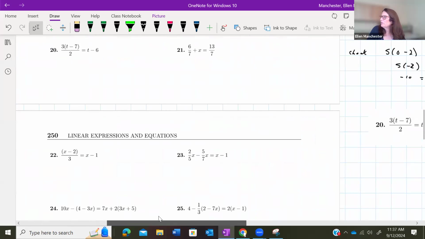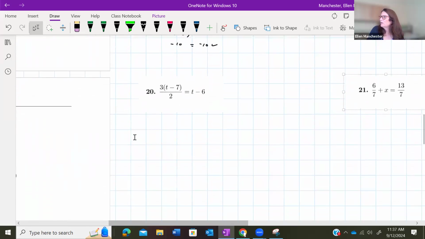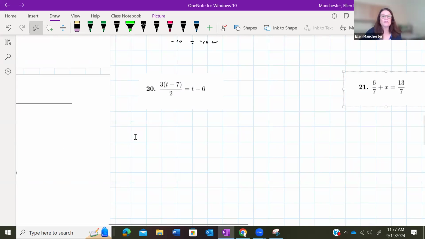Okay, so for this one, it starts with a fraction, and we don't want to deal with fractions, right? We want to get rid of them. So what you're going to do is multiply, and we did cover this at the very beginning. So we're eliminating the fraction by multiplying everything through by a common denominator.